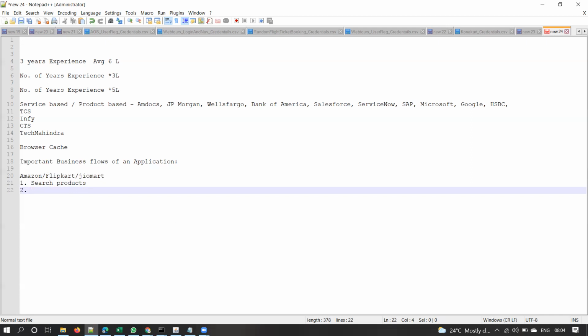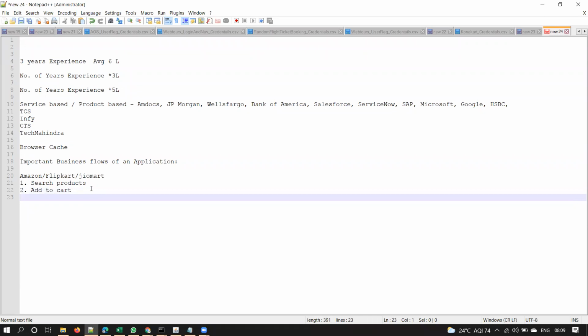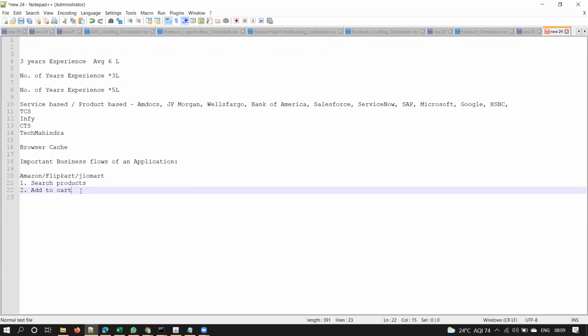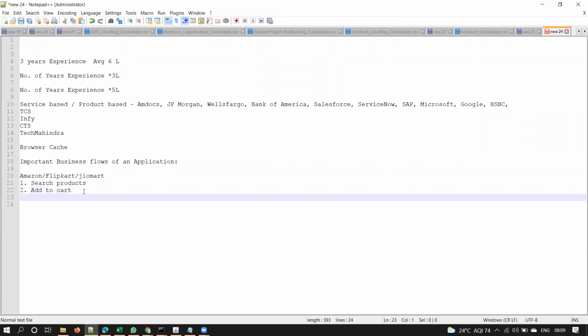Once you search the product, you add to cart. Some may just leave after searching for a product and not purchase, and some may purchase. To purchase the product, we add to the cart. Next, payment.